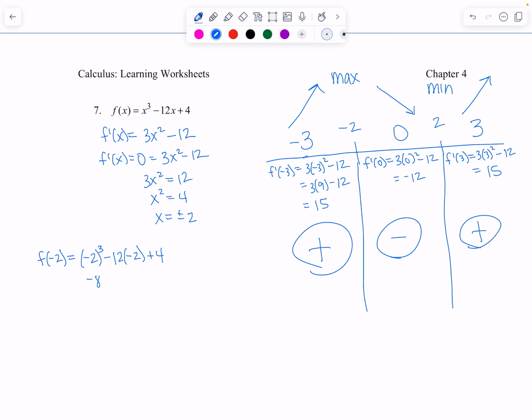So we have negative 8 plus 24 plus 4, which is negative 8 plus 28, 20. And then f of 2: 2 cubed minus 12 times 2 plus 4, 8 minus 24 plus 4, 8 minus 20, negative 12.